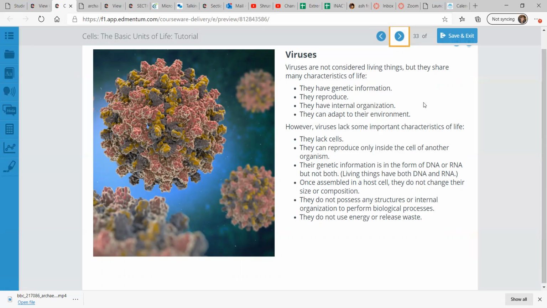So they infiltrate a host cell, but they don't change their size or composition. They just are the way they are throughout their cycle. They do not possess any structures or internal organization to perform biological processes. They do not use energy or release waste.